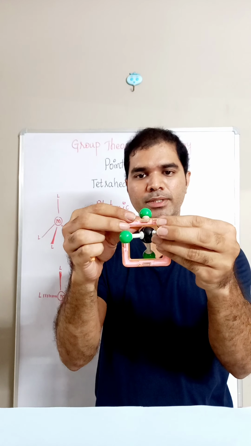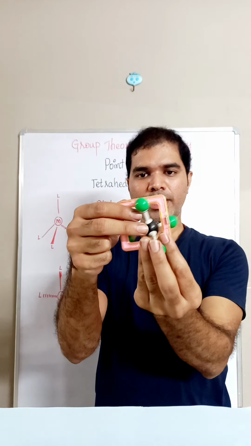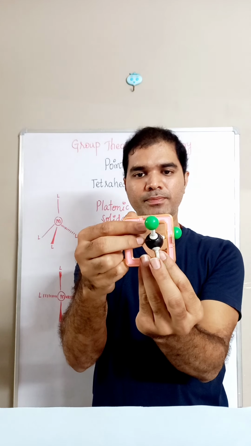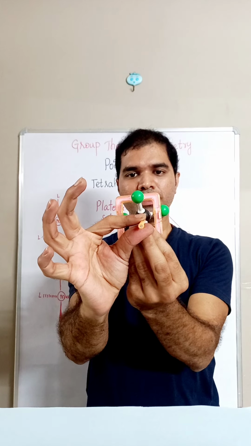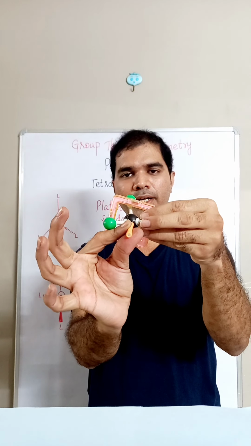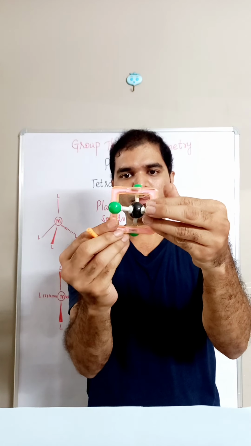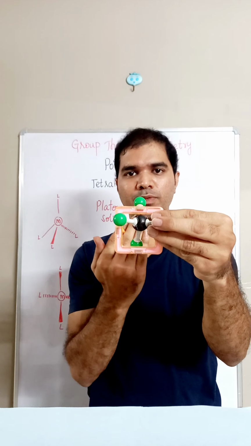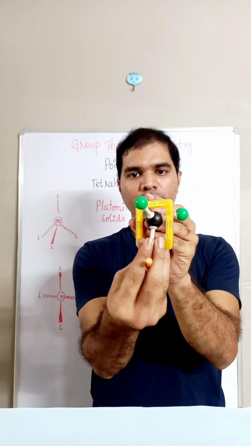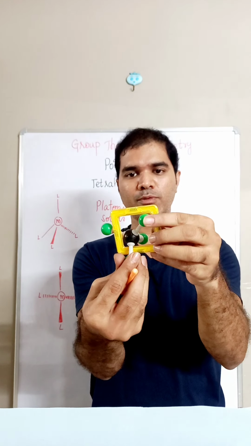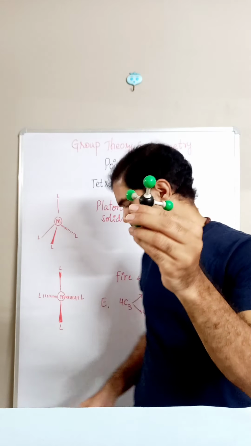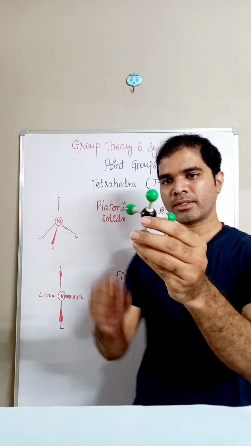Now you can watch it. So let me start from here. This is the rotational axis that is pointing towards you. Rotate by a 90-degree angle, then pass a plane perpendicular to it. The half which was away from you, now it will reflect towards you. This is producing an equivalent configuration. Hence we say there is an S4 axis in this.